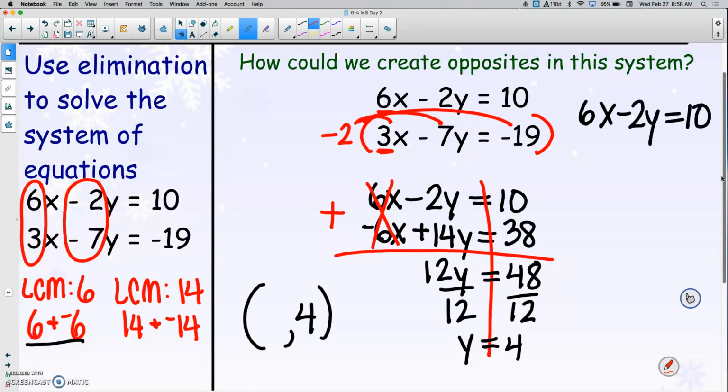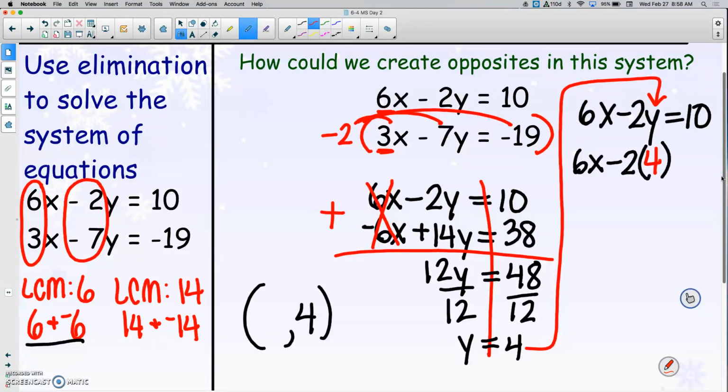I can go back to any of the equations. I'm choosing the one on the top. Y is 4, so my y gets replaced with 4. 6x minus 2 times 4 is equal to 10. 2 times 4 is 8. Now I have 2 steps left because I'm trying to figure out what x is.